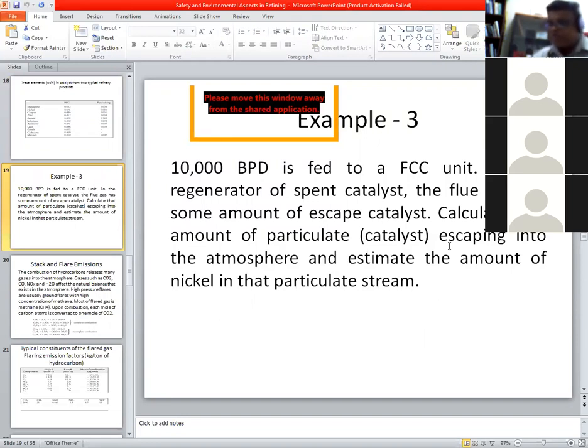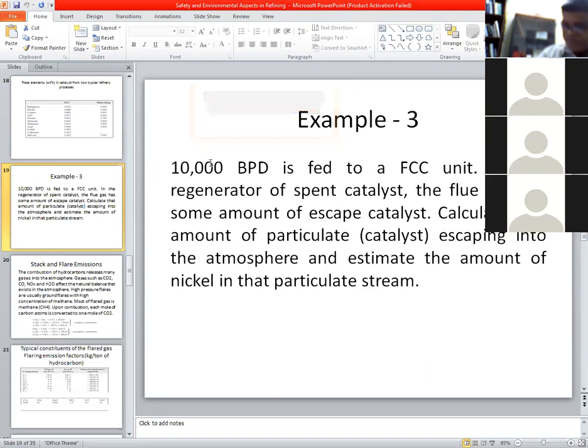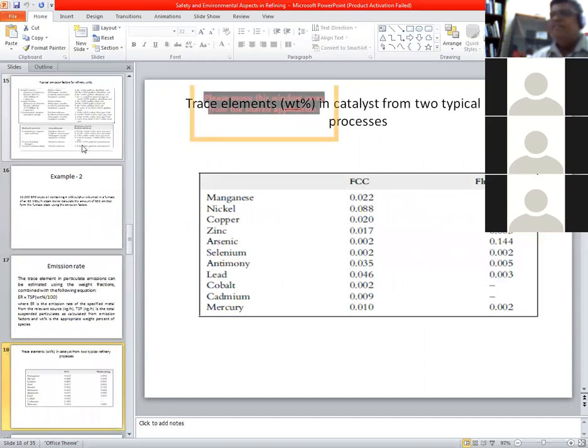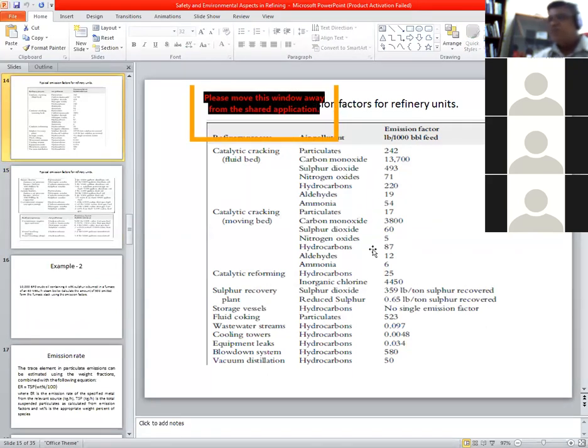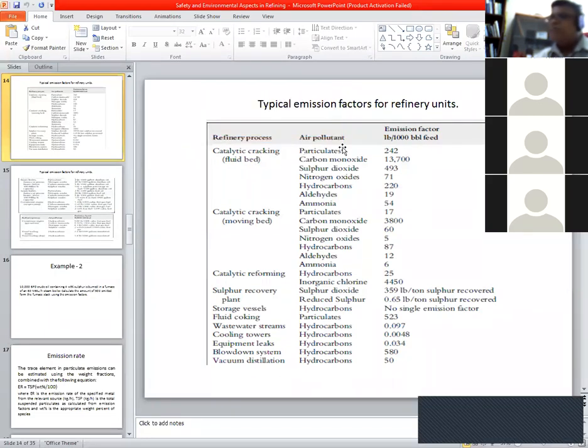One thing, amount of particulate when the catalyst is loading in the FCC unit. So first thing here, again, the flow rate is given, 10,000 BPD. Again, from this table, we can get the emission factor. Our process in that calculation is FCC, meaning fluidized catalytic cracking, and our pollutant was particulate.